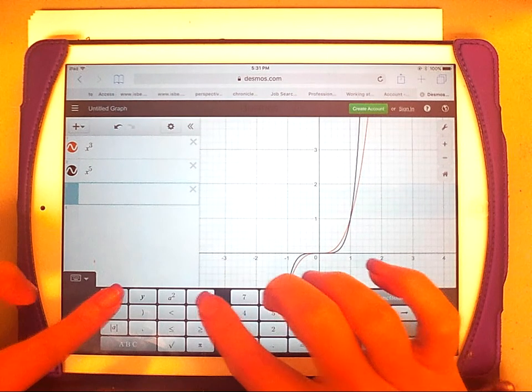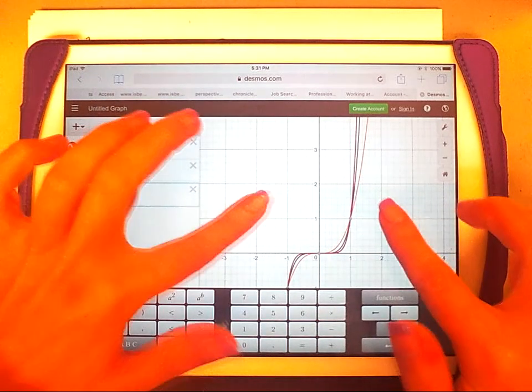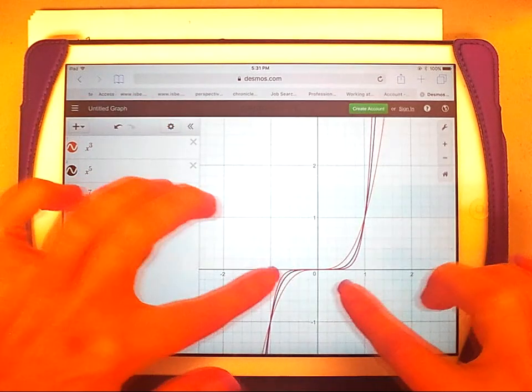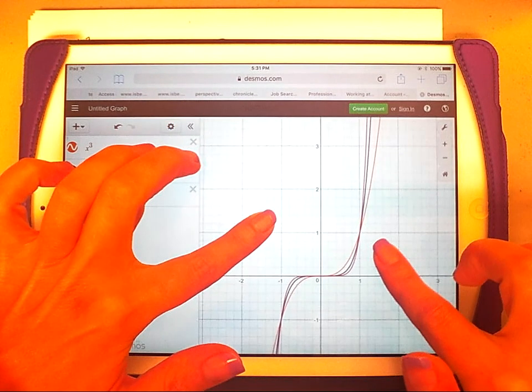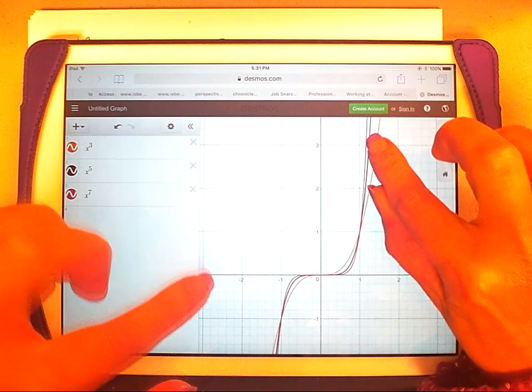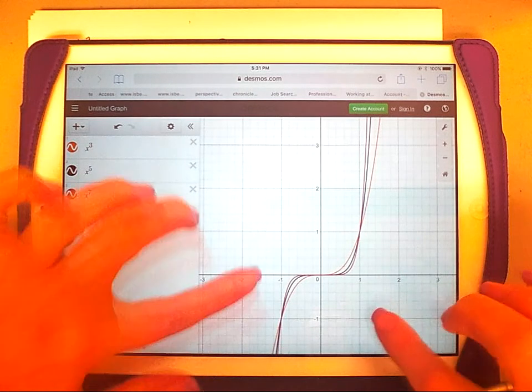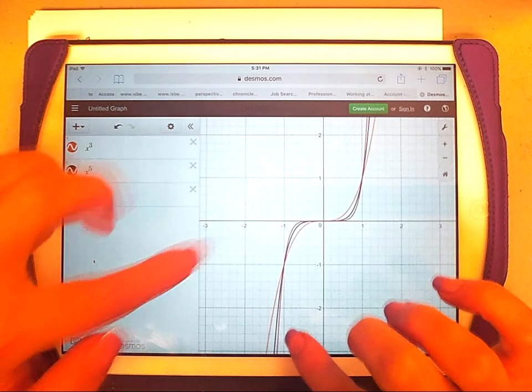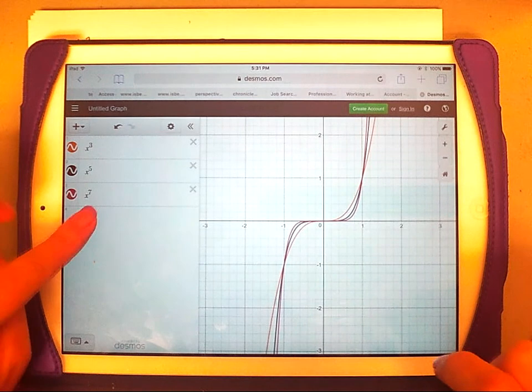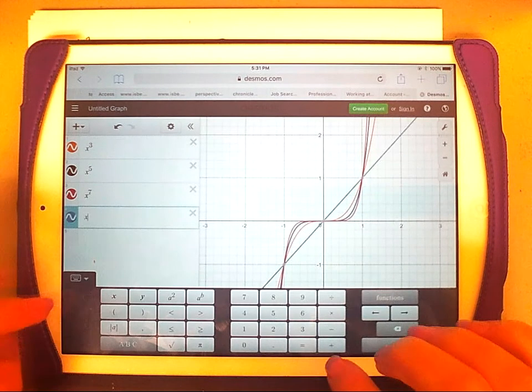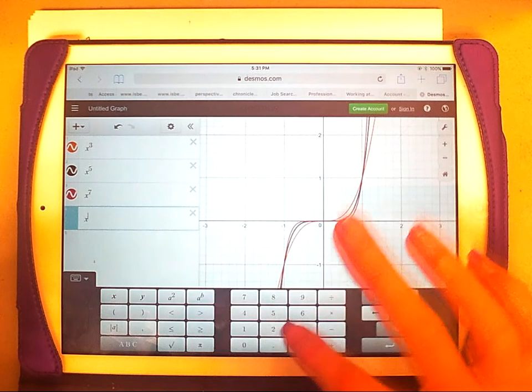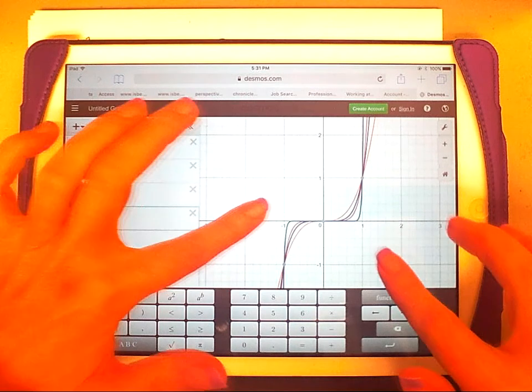Okay. We could also look at x to the seventh. Okay. So again, more flat in between here, but it will take off to positive infinity and negative infinity more quickly. Okay. So let's look at like x to the 27th, any other odd value, and see if it follows the same path.